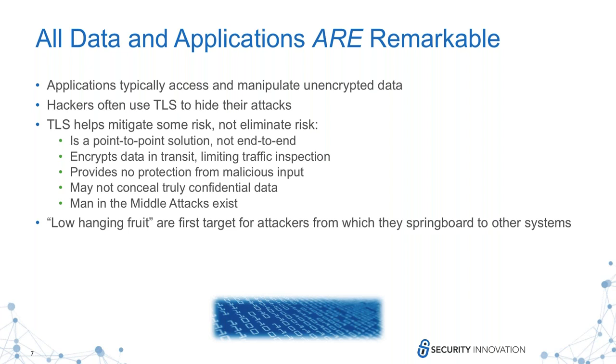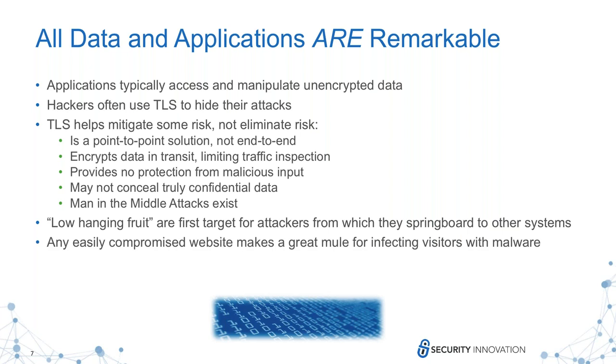So the low-hanging fruit are the first target for attackers. And they often use these to springboard and jump to other systems. So an easily compromised website makes a great mule for pushing out malware and infecting users or anyone that visits that site.